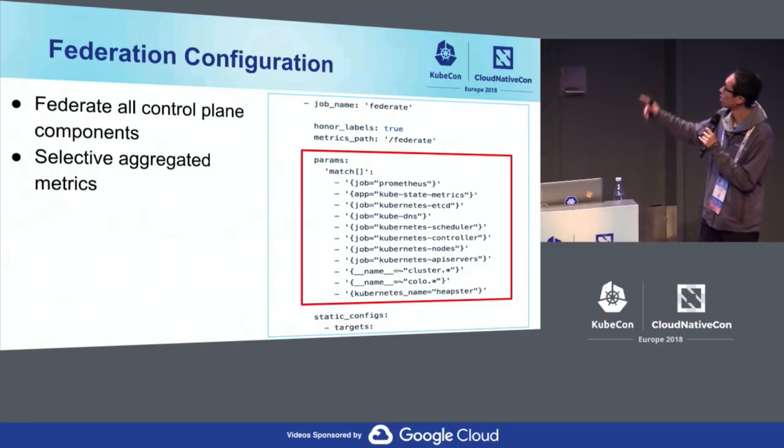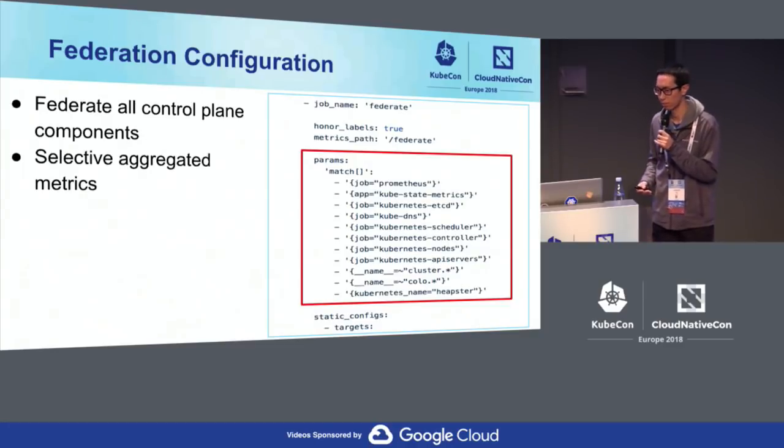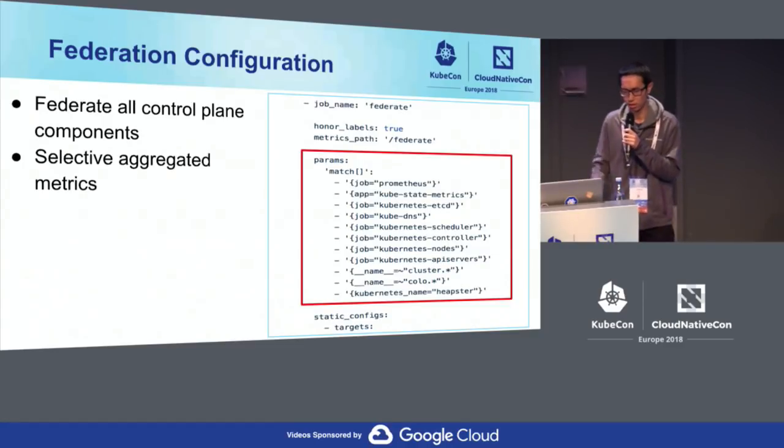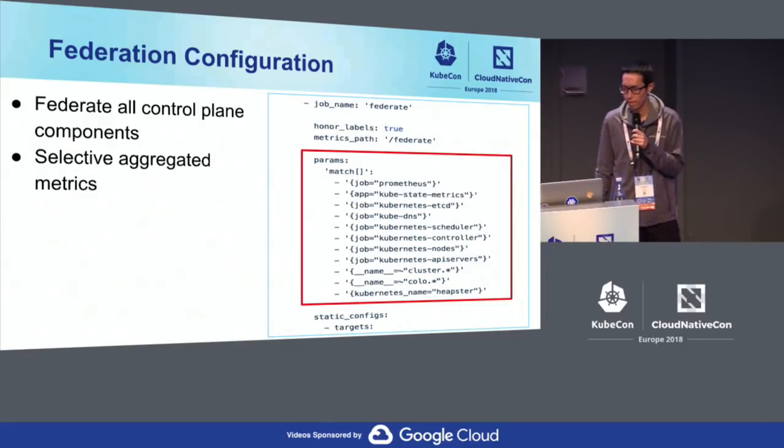In the red box you can see that we scrape data for kubedns, kubescheduler, kubeAPI server, etcd, all those important control plane components. These are so important, so we don't want to lose any data for them.